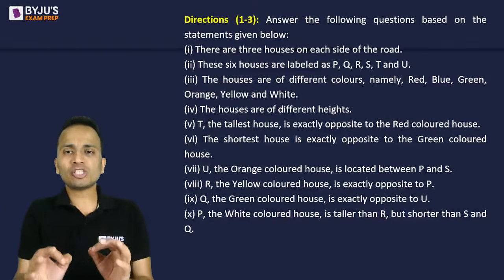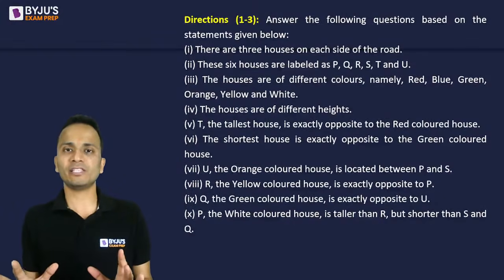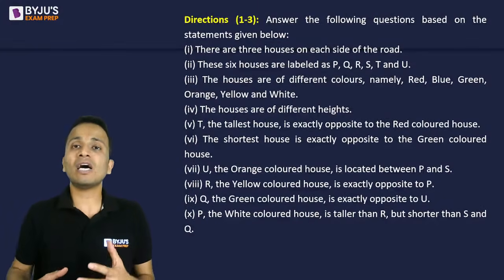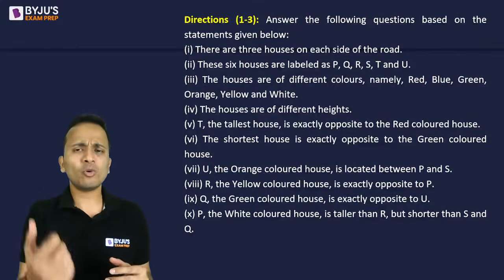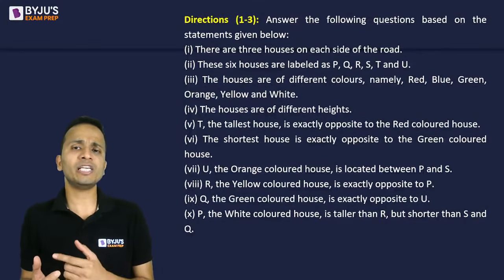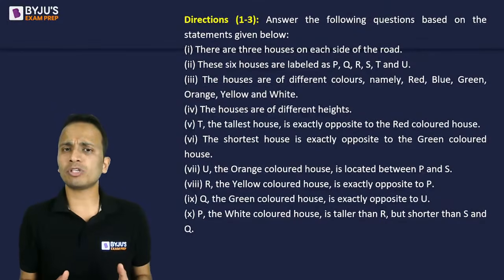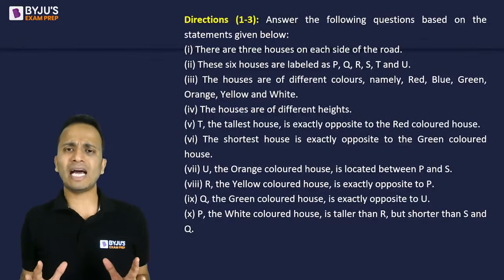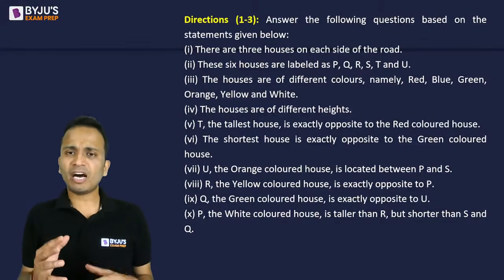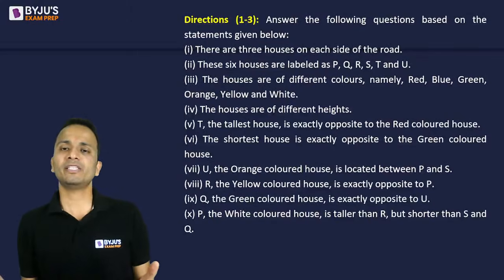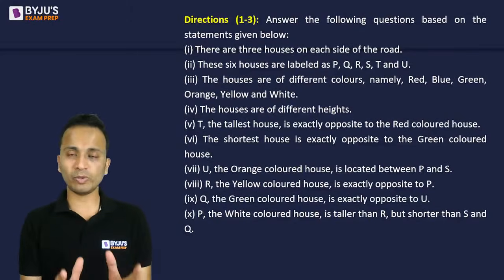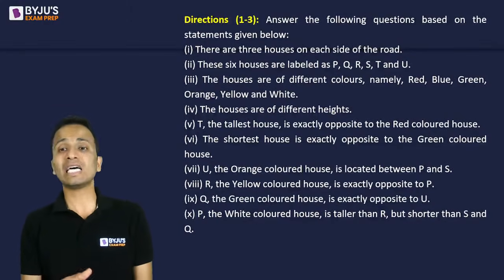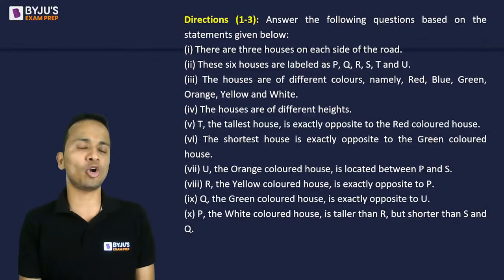Whatever it is, you must not be afraid of making different cases. Sometimes we get stuck: if we get a condition and there is more than one possibility for that condition, we get stuck at that point. We are afraid of making different cases. So one thing is very important, do not be afraid, otherwise you'll end up wasting a lot of time.